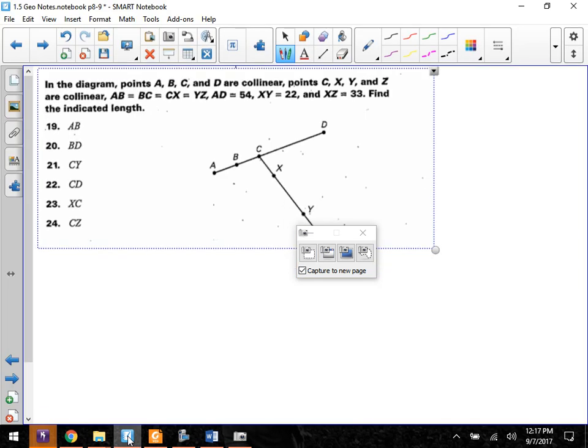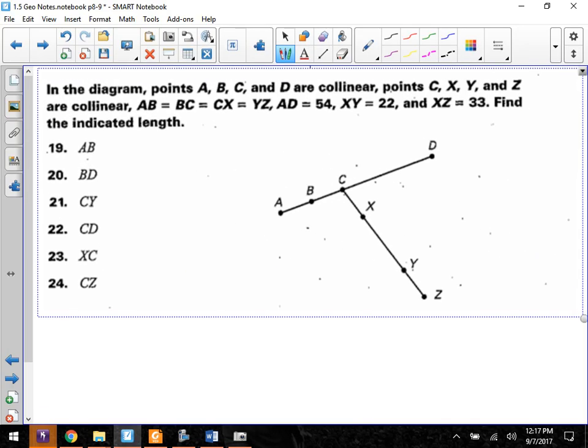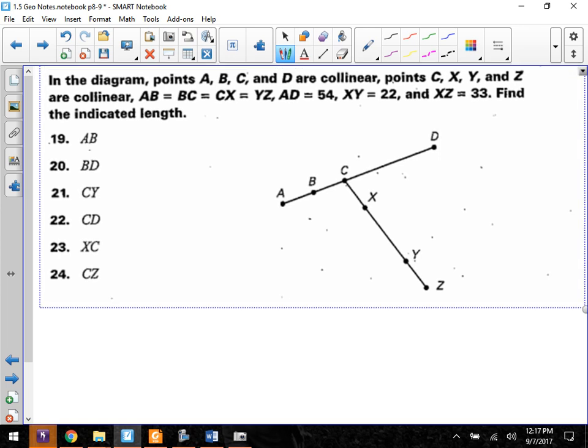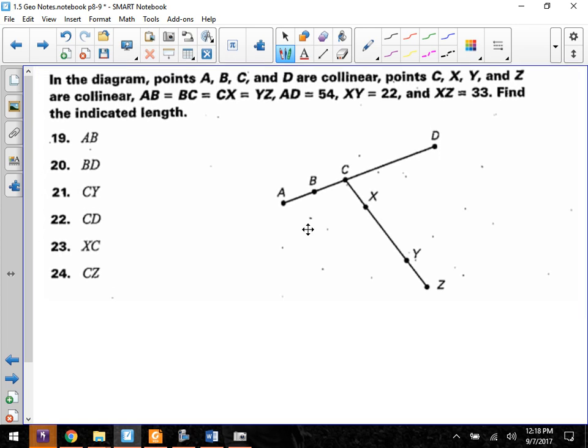For example, it tells you that you've got collinear points A, B, C, D, and then C, X, Y, and Z. The next line says you've got a bunch of segments that are equal in length. So in the diagram, what am I going to put? Tick marks. Good. AB, BC, CX, YZ. Those four segments will all equal the same amount.